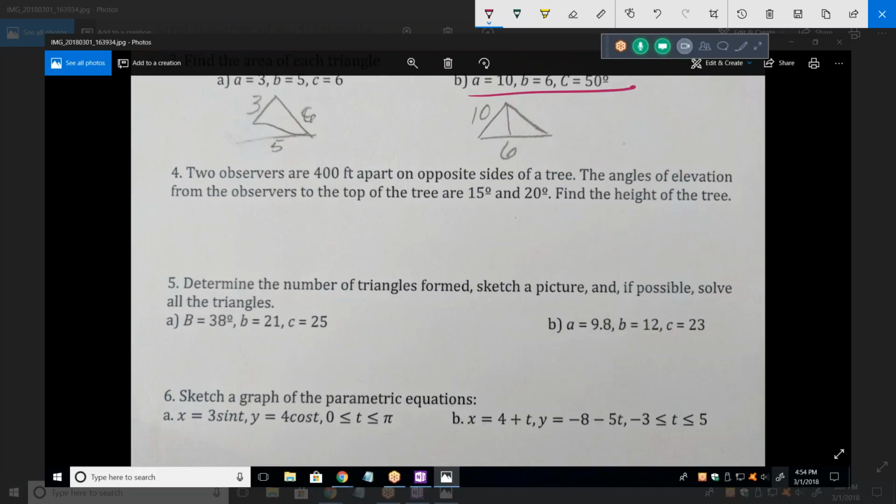Number 4. Okay. These problems about trees and angles, these are just triangle problems. So that's angle, side angle. Well, let's draw the picture. Two observers are 400 feet apart on opposite sides of a tree. There's the tree. There's one observer. There's the other observer. They're 400 feet apart.